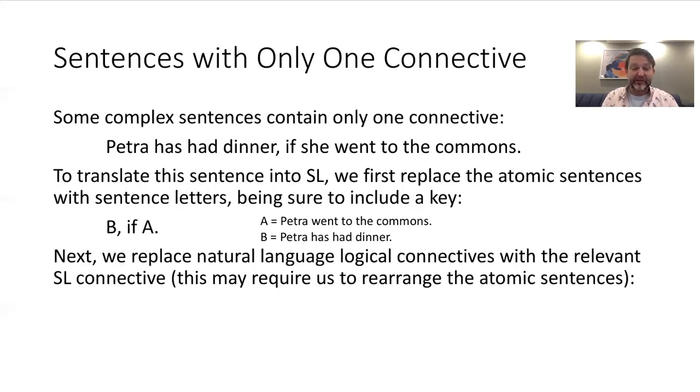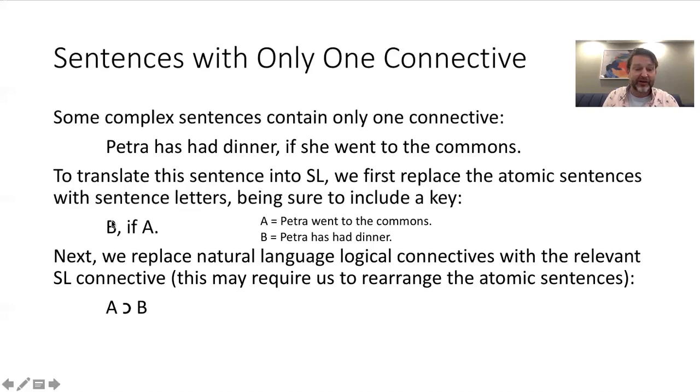And then what we want to do is replace the natural language logical connectives with the relevant SL connective. This may require us to rearrange the atomic sentences. So again, we know that "if" is going to put us in mind of a conditional, and "if" is going to identify the antecedent of the conditional. That's the thing that appears before the horseshoe.